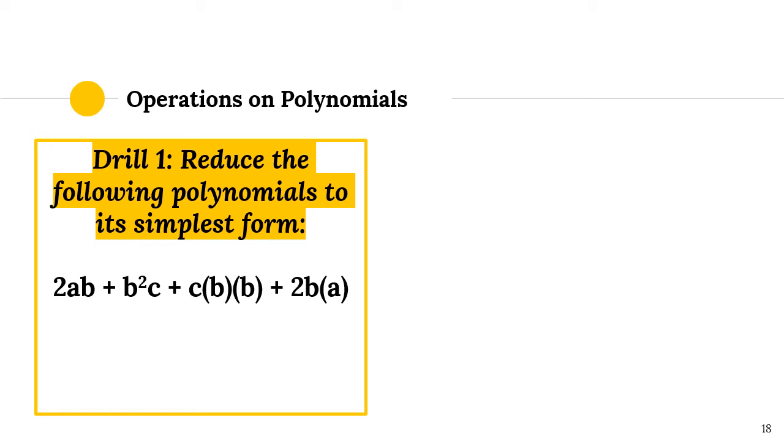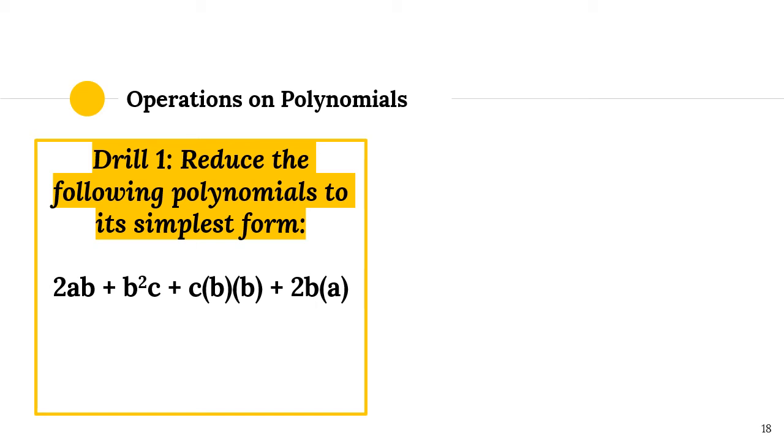Regardless of their order, as long as they have the same variables with the same exponents, they are like terms. So observing, the second term is b squared c, the third term is c b squared.